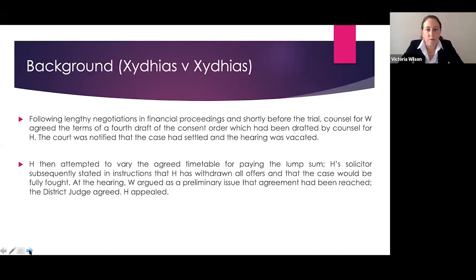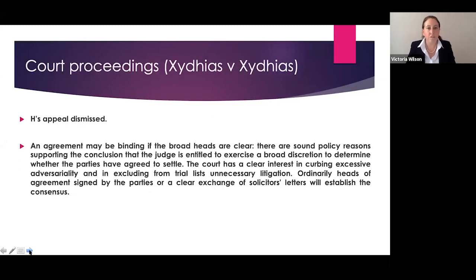I've withdrawn all offers. We're going to fight it to the end. That's it. All bets are off the table. So it goes to court. There's a final hearing. As a preliminary issue, the wife argues that agreement has been reached, and the district judge agrees, and husband appeals. Now, the result of that case was that his appeal was dismissed, and this is the key bit of it, the nub of it really.